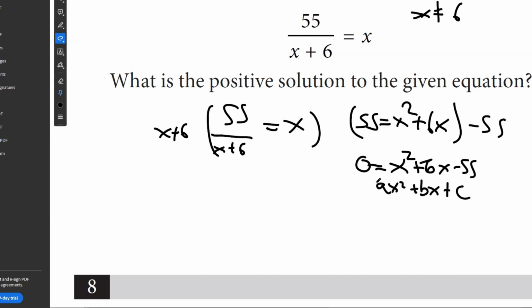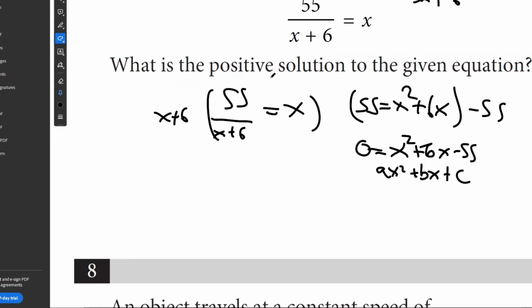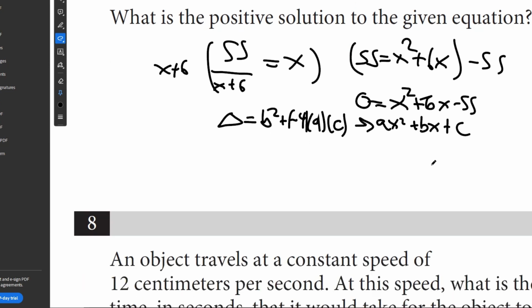So in order to find our solutions in a quadratic like this, many people are actually scared of this type of question, but it's really easy if you know the formula. First of all, we have a variable called delta, and delta is equal to b squared plus negative 4 times a times c, from the standardized quadratic form.